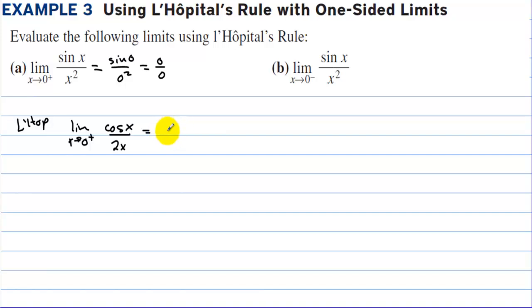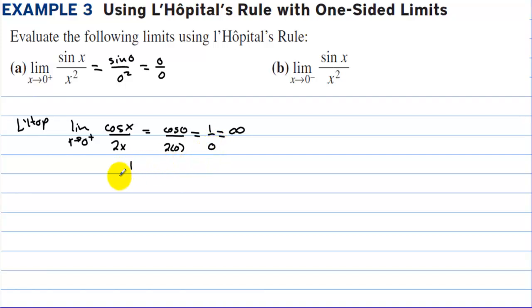Now that's equal to the cosine of 0 over 2 times 0. Well, that's equal to 1 over 0, but we have to remember that we are going on the right side of 0, which means positive values.